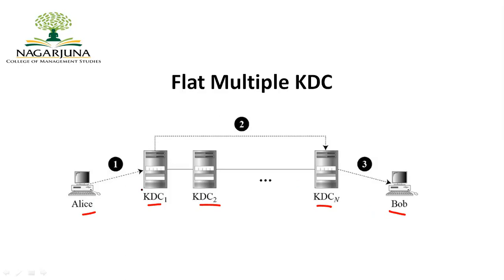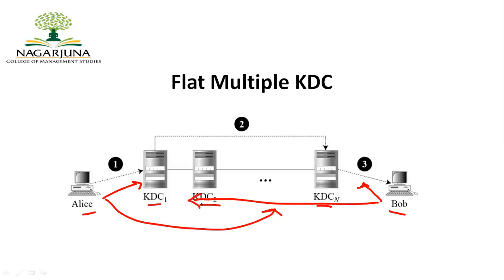Alice is going to communicate with her KDC, and she is also going to contact the KDC of Bob for exchanging the secret key. Very similar to that, Bob also communicates with Bob's KDC, and in turn Bob also communicates with Alice's KDC, so that they interact with each other. So this is what we call flat multiple KDC.